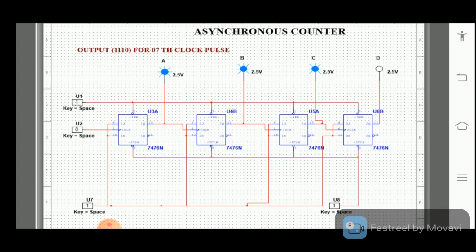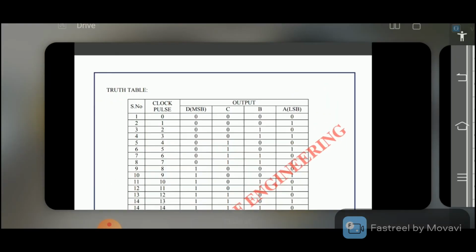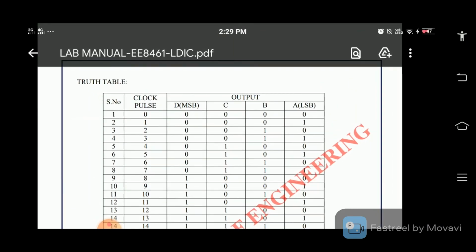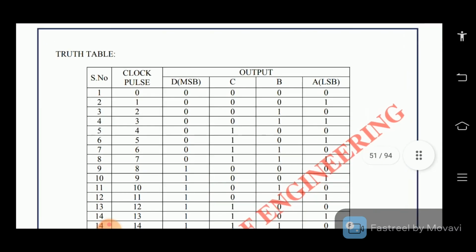For that one, the ABC LED will glow, which verifies our truth table. Let me see this 7th clock pulse. As per the truth table, for the 7th clock pulse we are getting the output as 110.